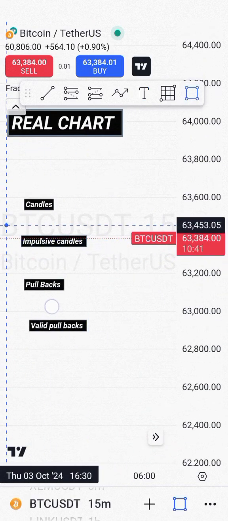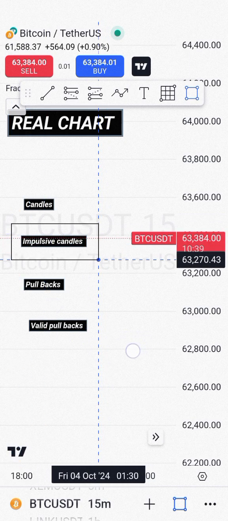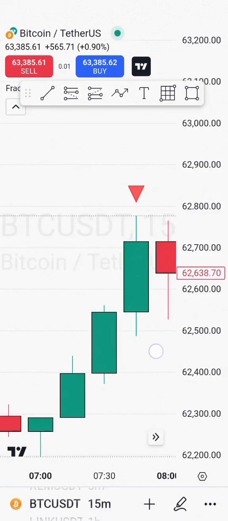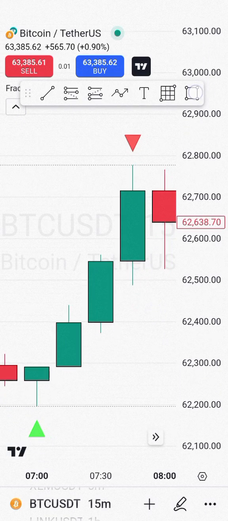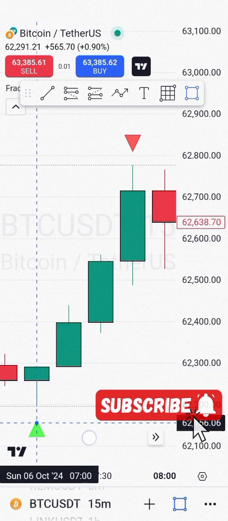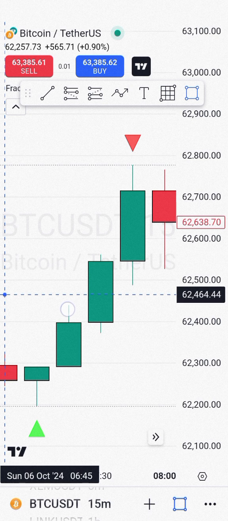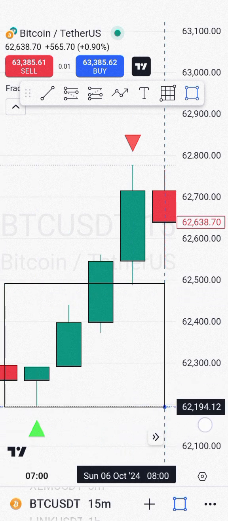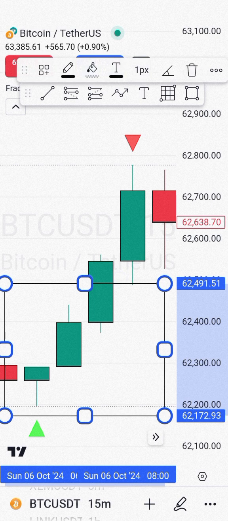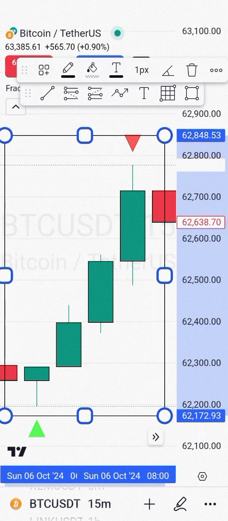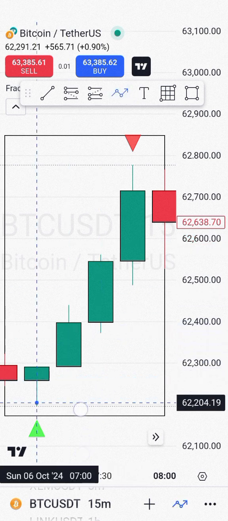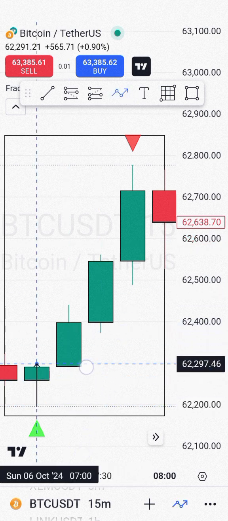Okay, going straight to impulsive candles, this will help us to understand impulse candles on the chart. So as you can see right here, these candles keep going up, keep breaking the high of the previous candle. So these four green candles right here, if you look at it very well, are impulsive candles.